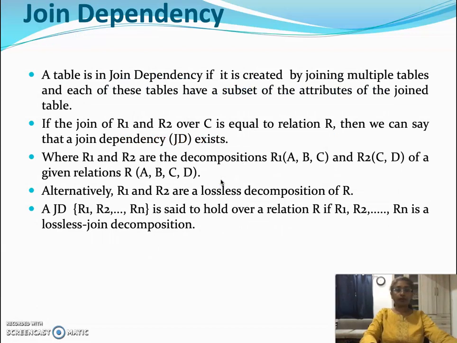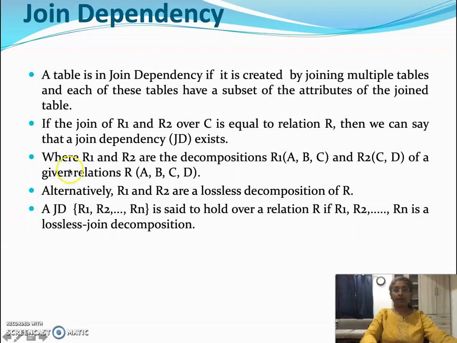So let's go to our next topic, that is join dependency. A table is in join dependency if it is created by joining multiple tables, and each table has a subset of attributes of the main table.